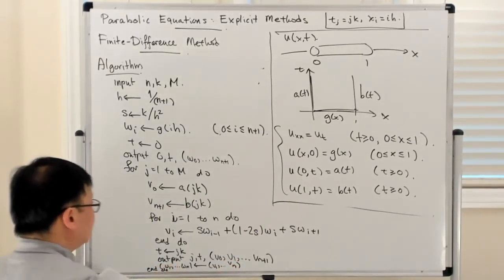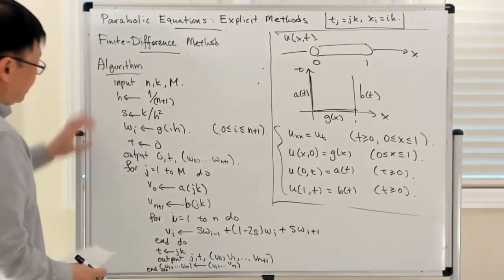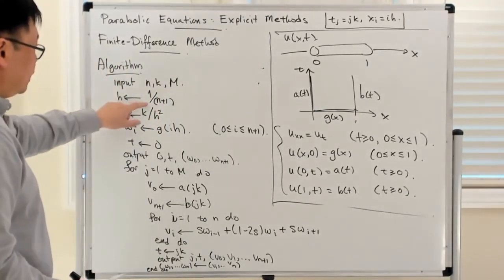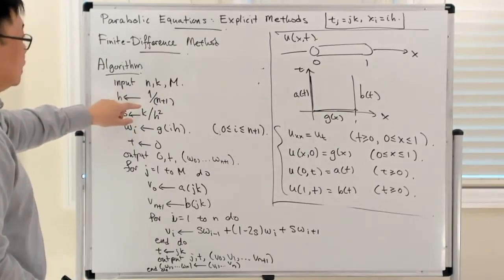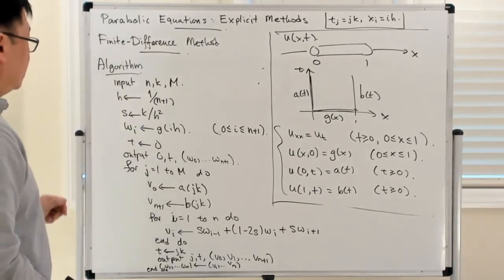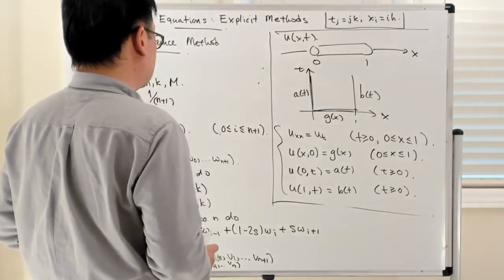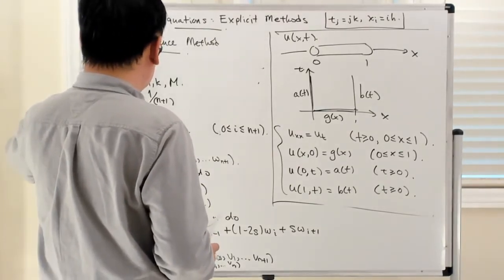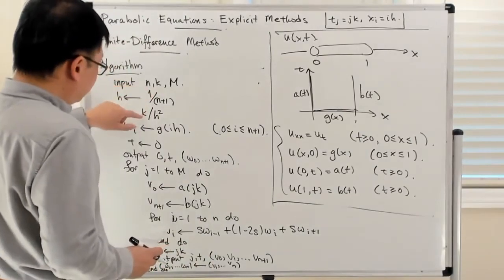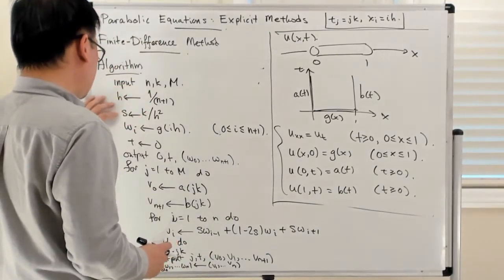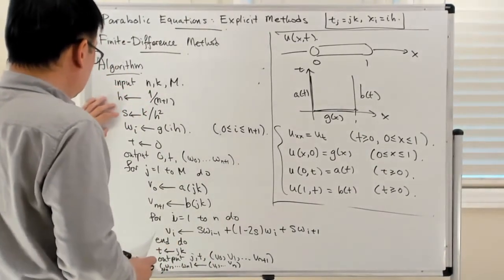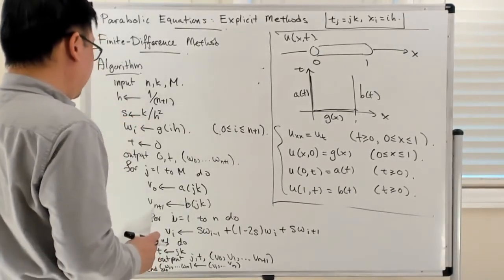Okay, so it's relatively straightforward. The first part, initialization, is just specifying the spatial mesh h, and then k is the time step, and s is this parameter k over h squared.